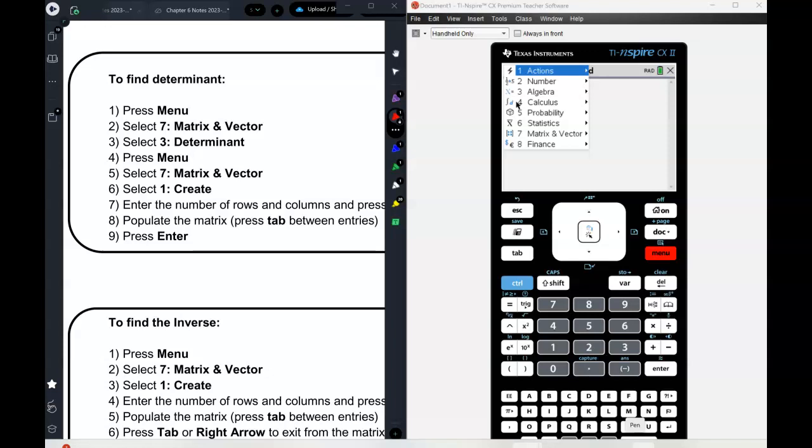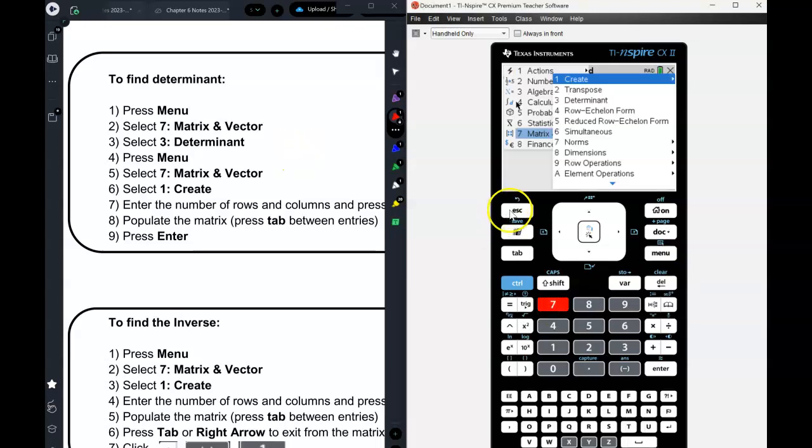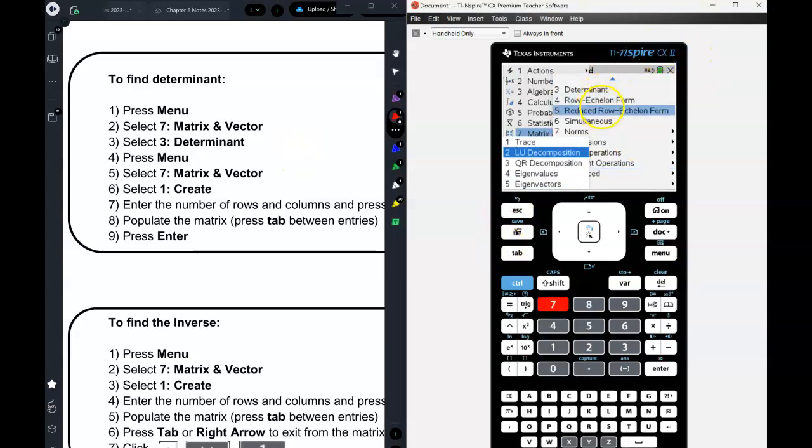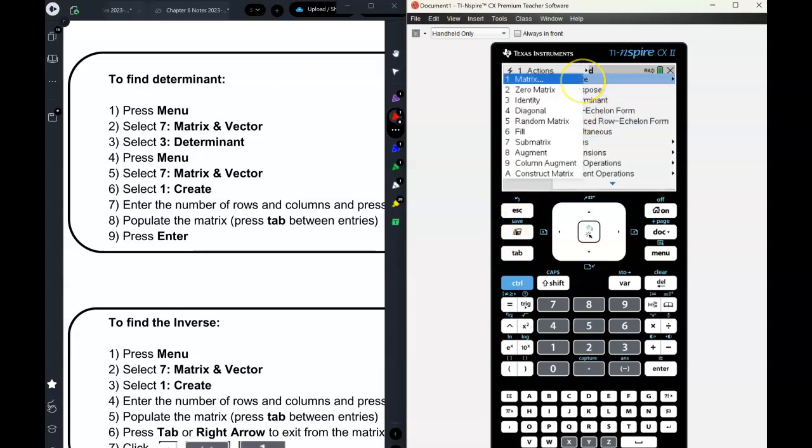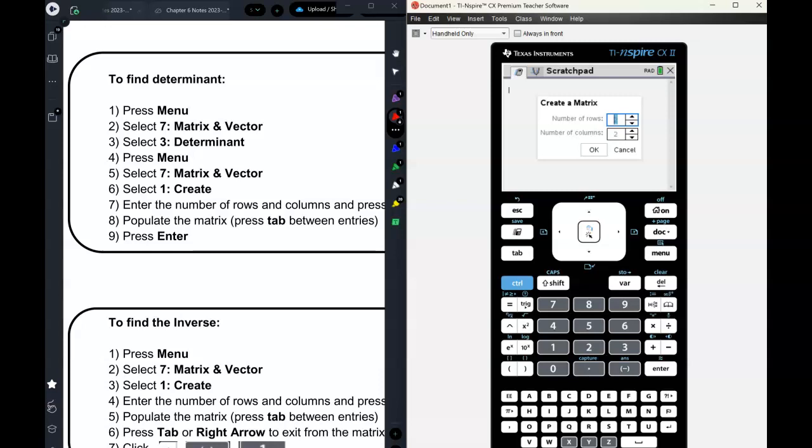So let's press 7 and let's create a matrix first. Number 1, create. And what are we creating? A matrix. And yeah, let's do a 3 by 3. I do 3 tab 3 enter. Okay, there's the 3 by 3.